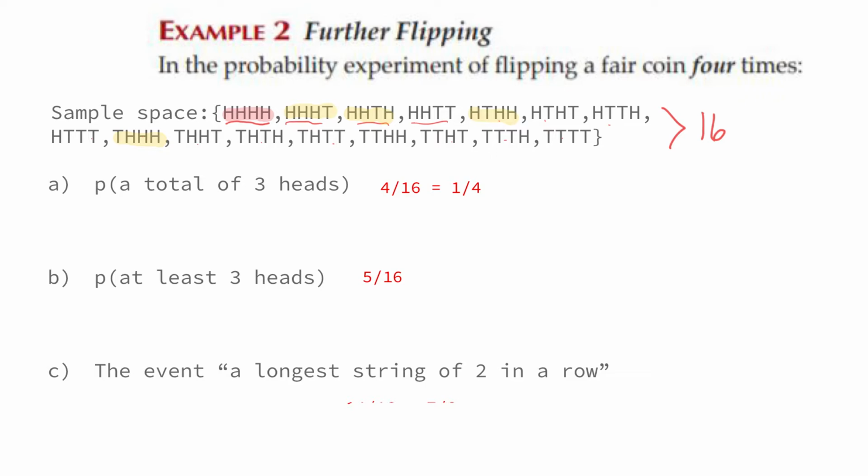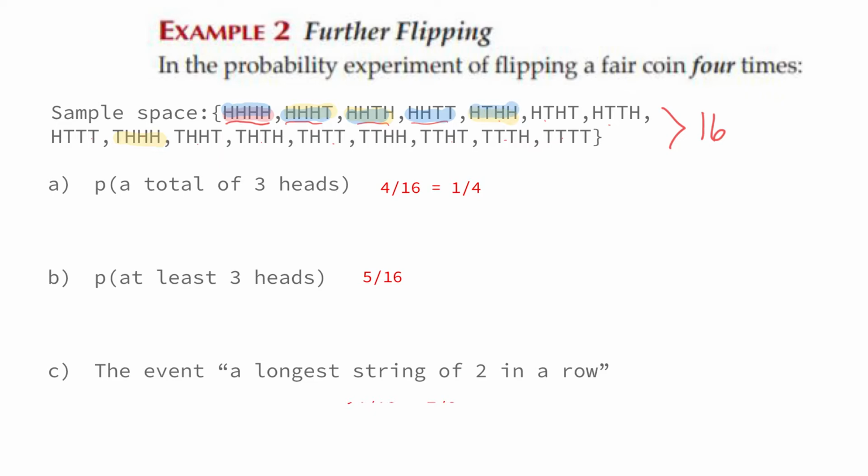Okay, the next one says the probability that the event has a longest string of 2 in a row. Now this does not say whether it's heads or tails. They just want to get 2 in a row of that flip. So this one has 2 in a row. This one has 2 in a row. This one has 2 in a row, 2 in a row, 2 in a row, even though it's at the end.